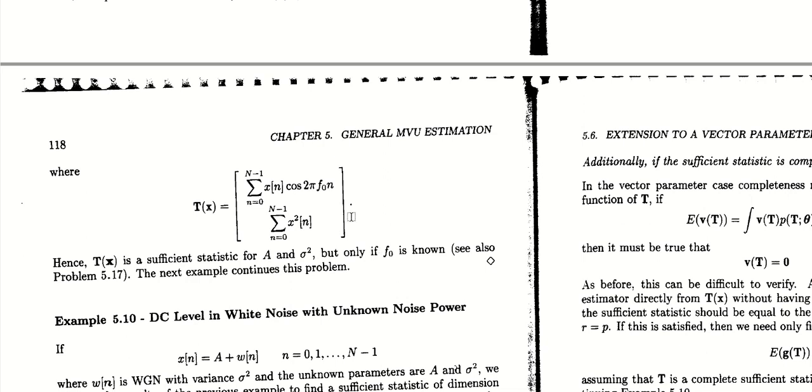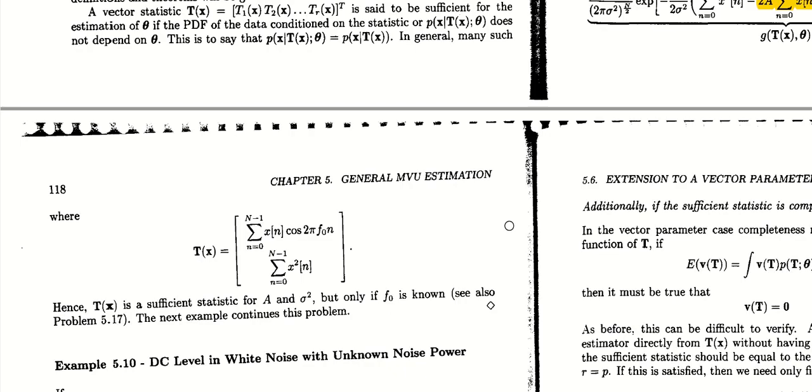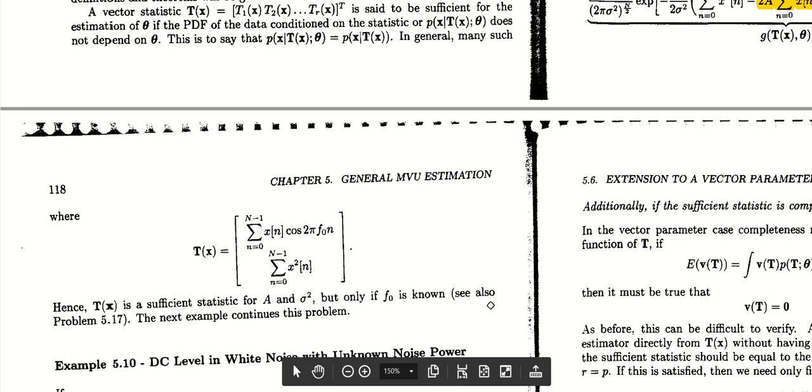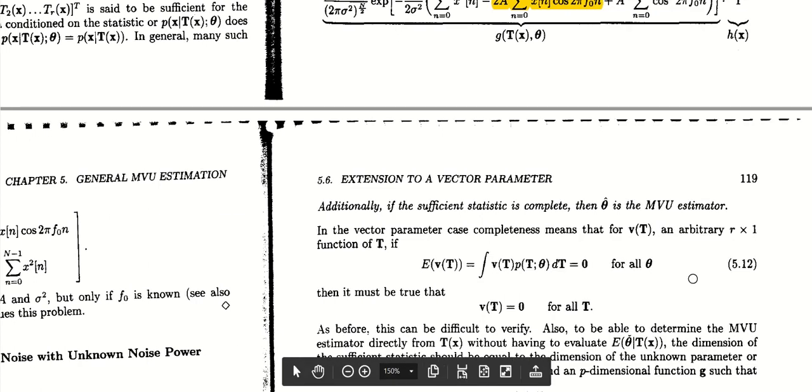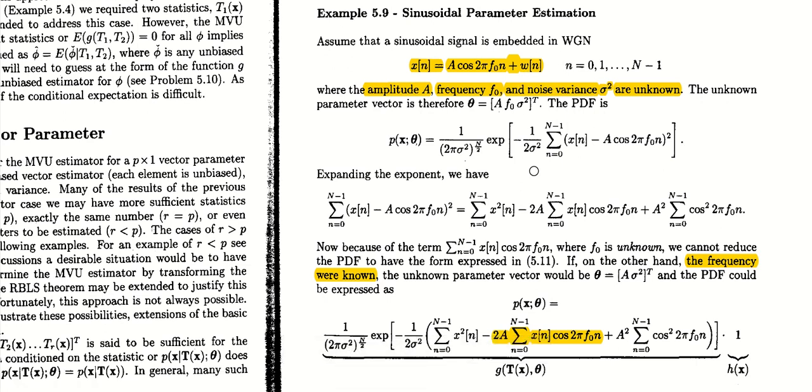So as you can see here, a sufficient statistic is really a non-trivial business. Even in this sinusoidal signal model, we consider this problem to be a very simple problem in engineering.